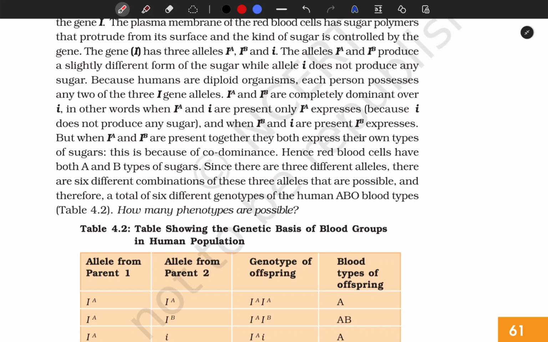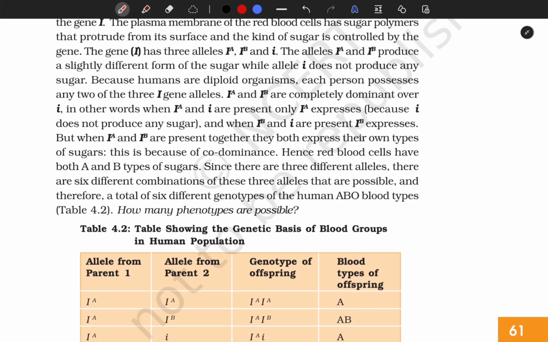IA and IB are completely dominant over small i. In other words, when IA and small i are present, only IA expresses because small i does not produce any sugar. And when IB and small i are present, IB expresses. But when IA and IB are present together, they both express their own types of sugars. This is because of codominance.